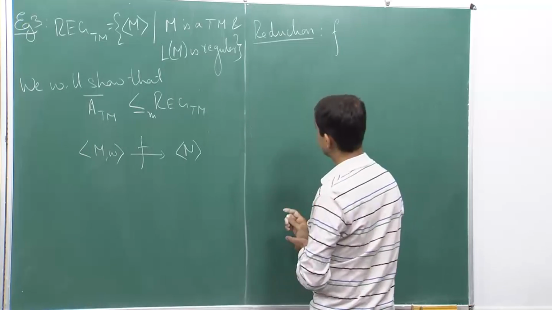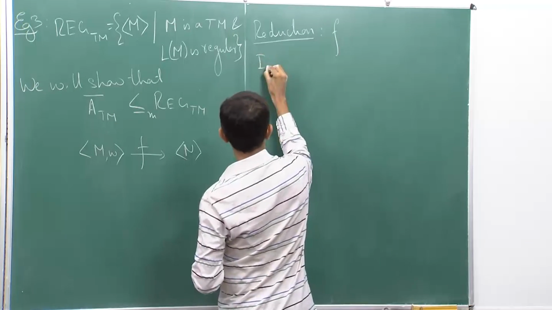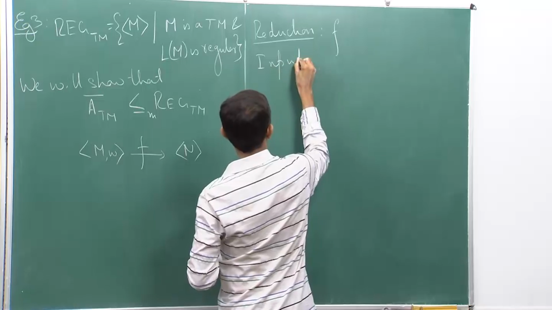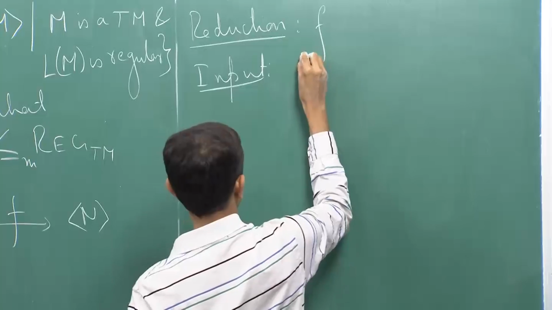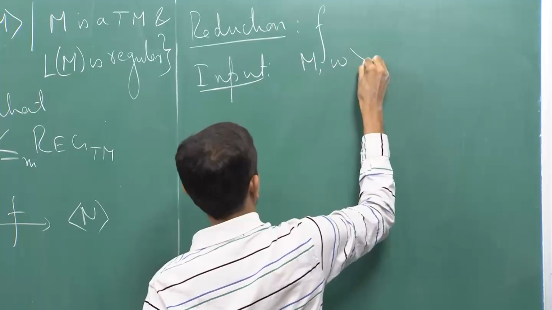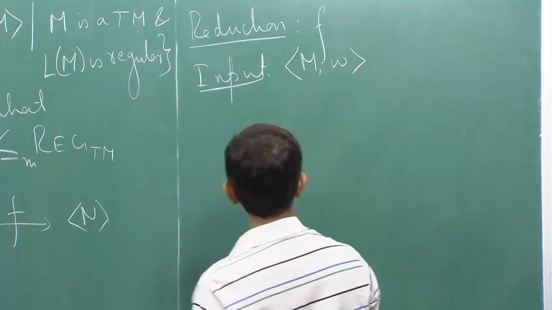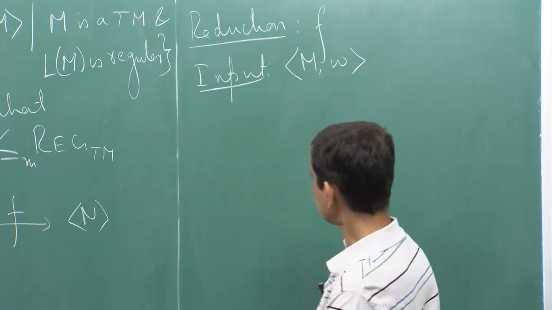So, what is our reduction going to be? So, we take as input a machine M comma w. Okay.